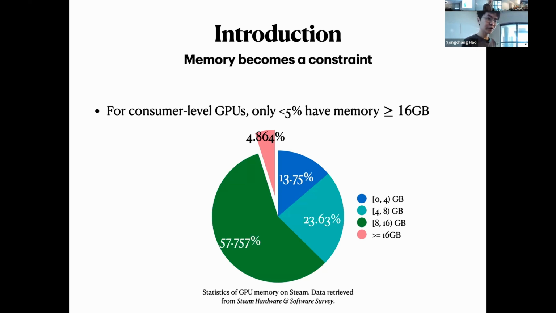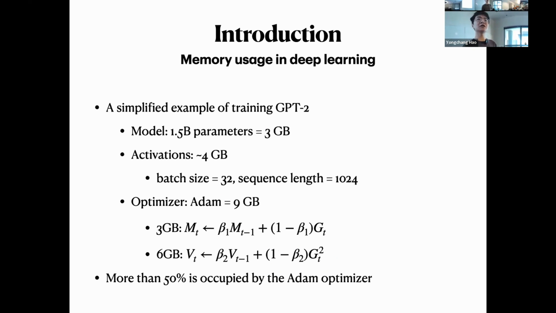And to reduce the memory, we have to understand the memory usage of each part of model training. So here's a simple example of training GPT-2. The largest GPT-2 has 1.5 billion parameters. And if you use a half precision data type like float16 or bfloat16, you will have 3 GB of storage to only store the model.